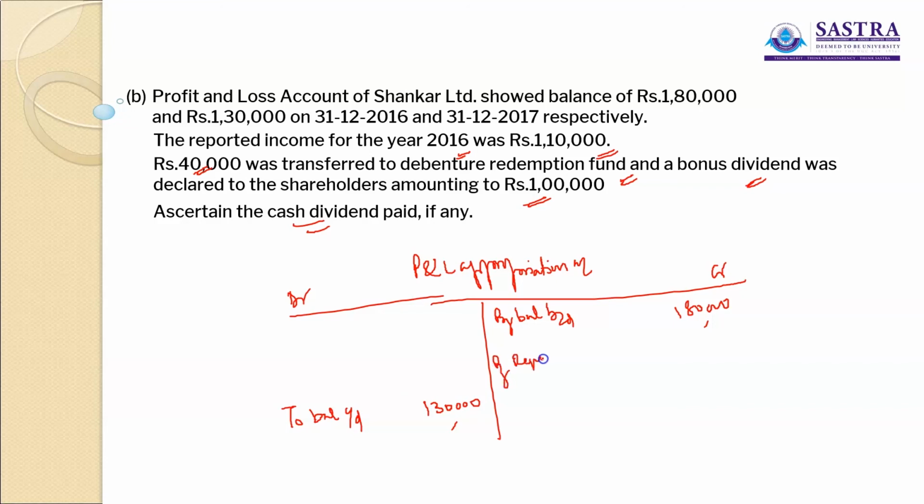By reported income, 1,10,000. To debenture redemption fund account 40,000. To bonus dividend, that is, it is stock dividend, 1 lakh.